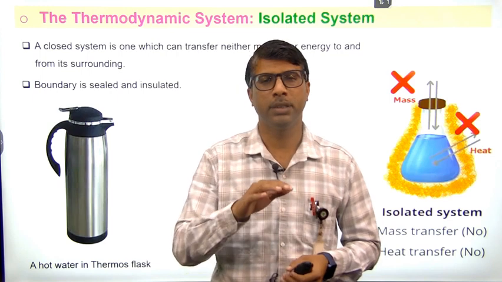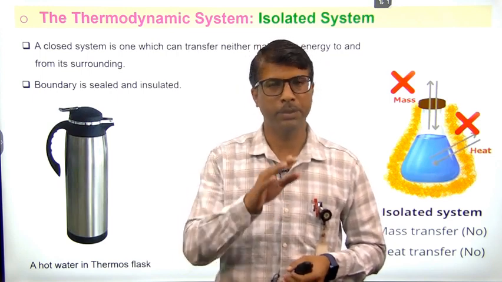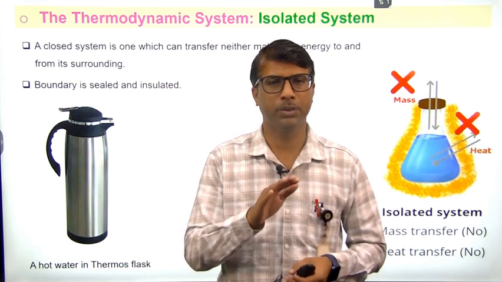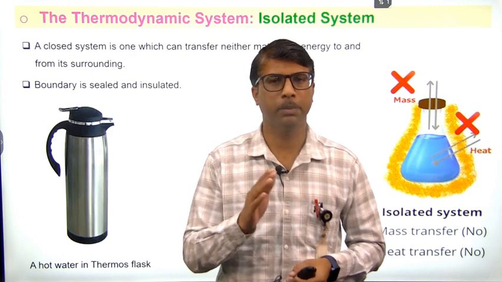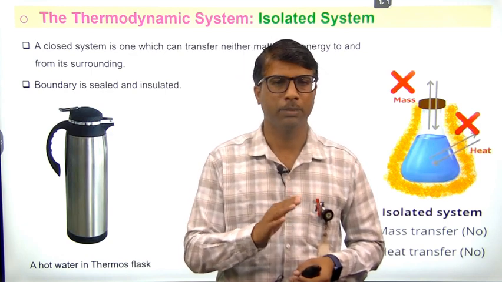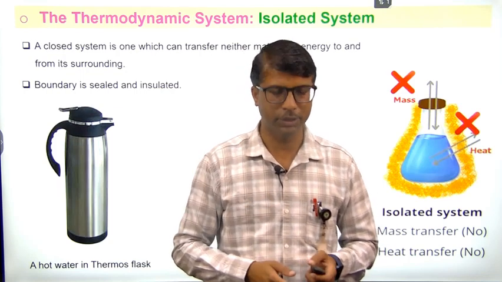And the thermos flask is specially made of insulated material. Because of that, we also trap energy inside. So there is no possibility of exchange of matter and energy from the thermos flask to the surrounding. This is one example of an isolated system.